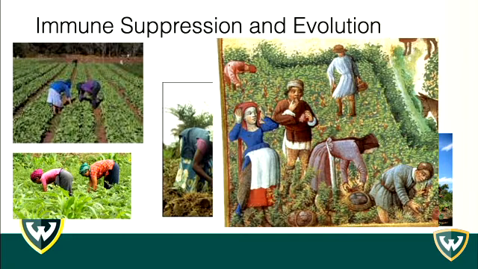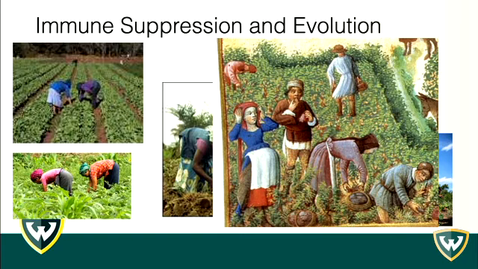And I have this picture, for example, a painting from the 1600s showing a pregnant woman in the fields. If that pregnant woman were immune suppressed, the microorganisms present in the fields or in the environment would have killed her immediately.